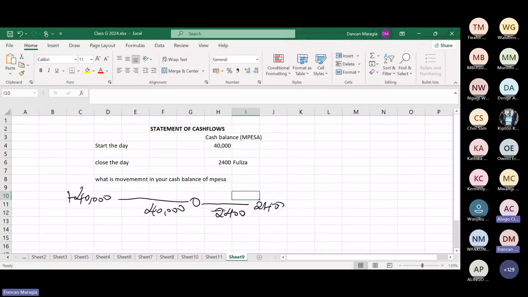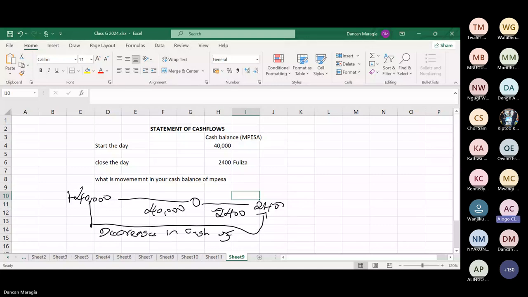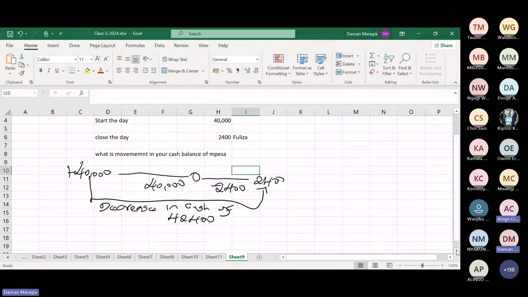So in total, the cash movement from here all the way to here is actually a decrease. Over the period, there was a decrease in cash of 42,400. Remember, it could be that you actually had receipts and payments.